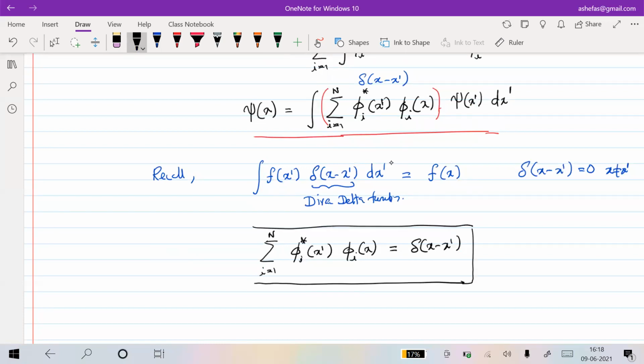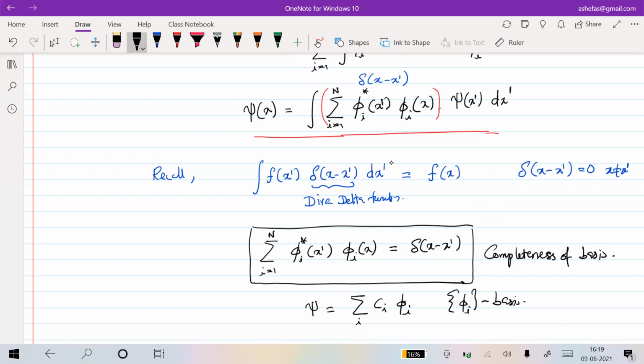So this is another way of writing the completeness condition. If a vector psi can be expanded as the sum of c_i phi_i, where the set phi_i is a basis, then that basis is said to be complete only if the sum over i equal to 1 to n of phi_i star of x prime phi_i of x gives delta of x minus x prime.